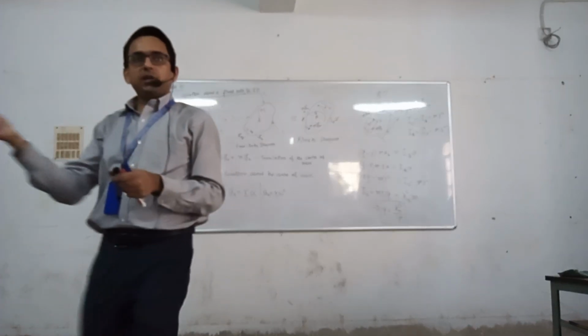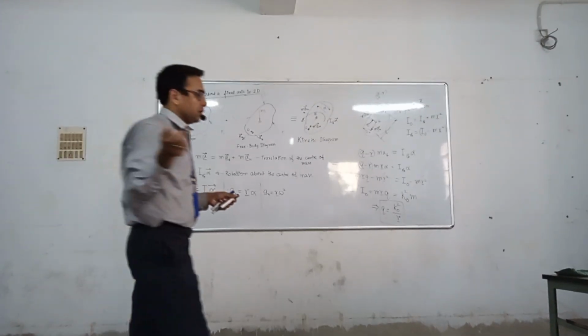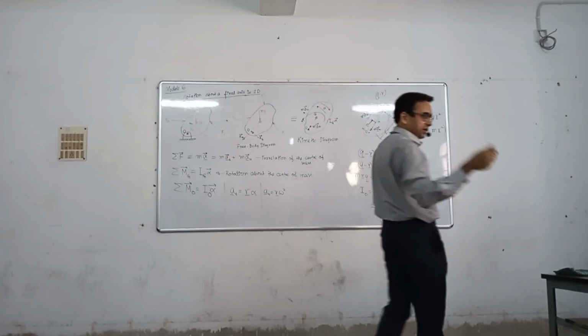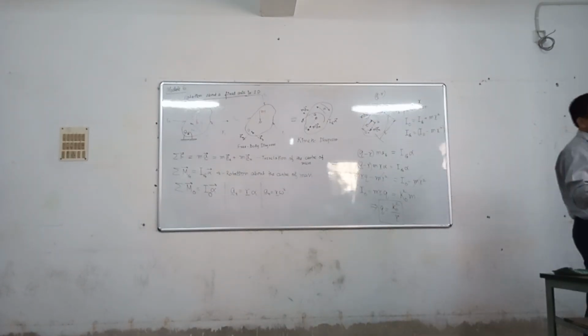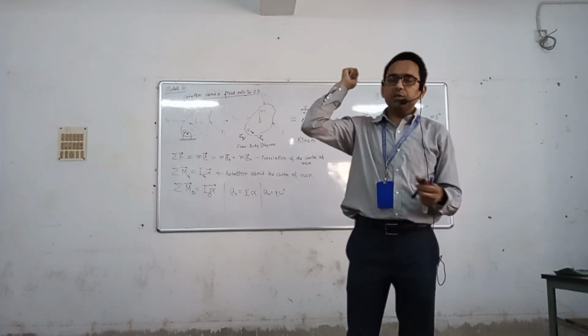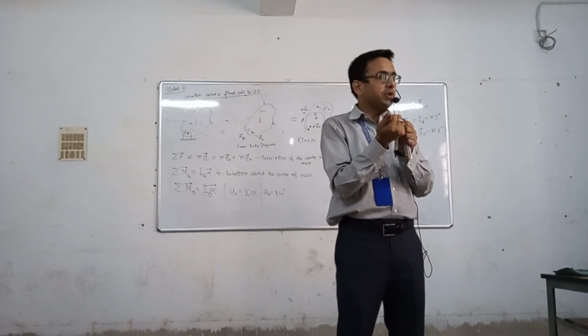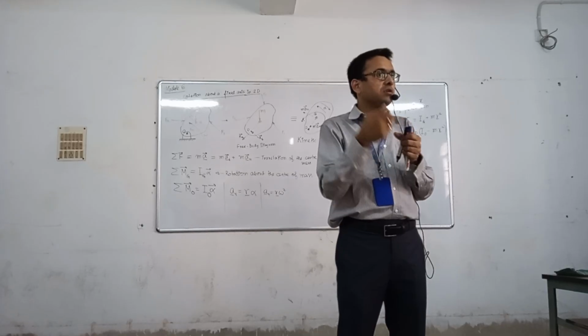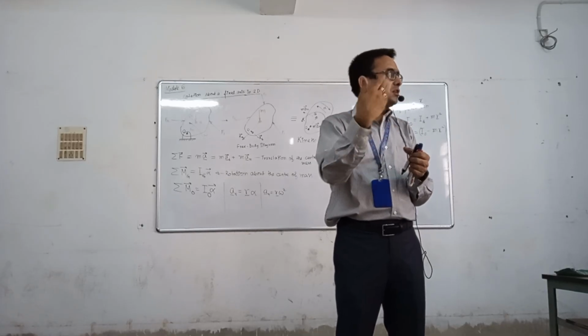Or say, for example, a tennis racket, a bat, a baseball bat, or a hammer. When we strike with the hammer, we do not feel any pain, because we strike with the center of percussion.